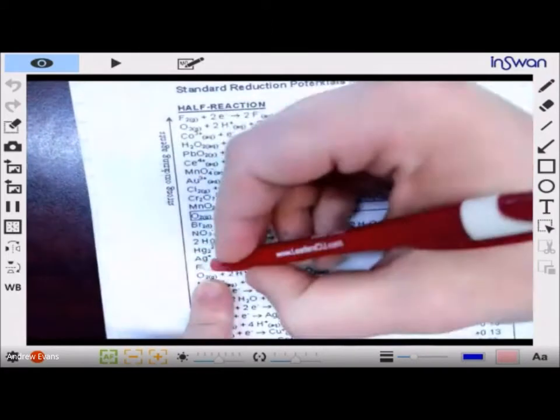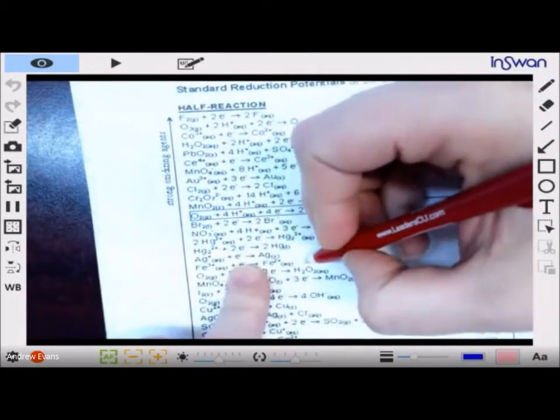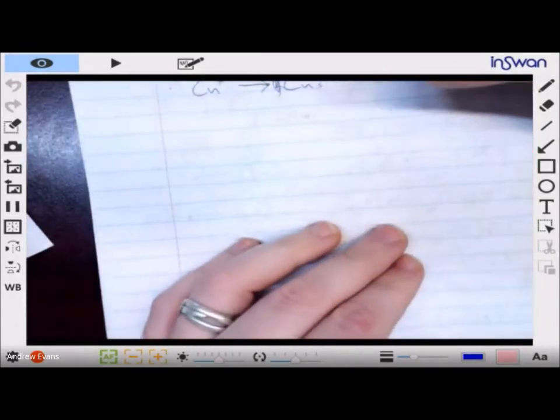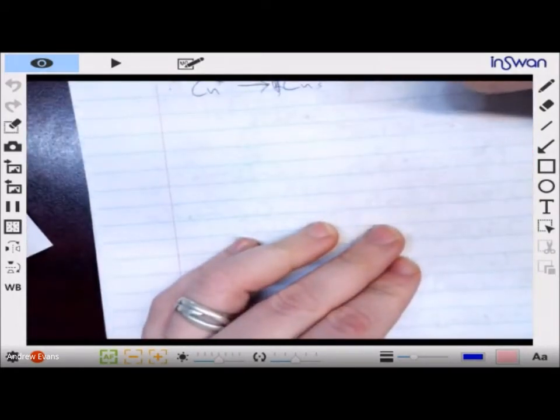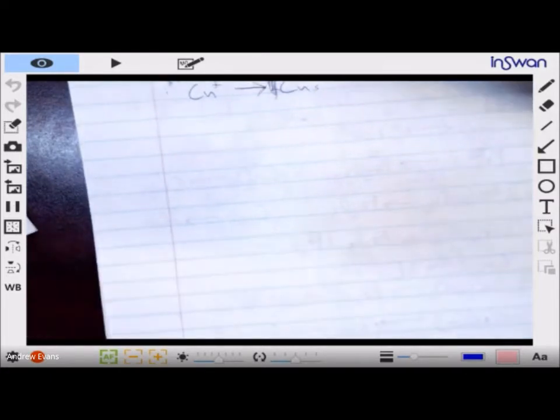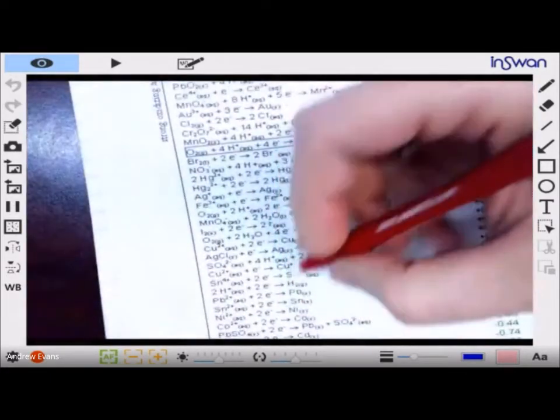Right here is Fe3+ to Fe2+, which is 0.77. Fe3+ plus an electron to Fe2+ is 0.77. Now Cu+ to copper solid.